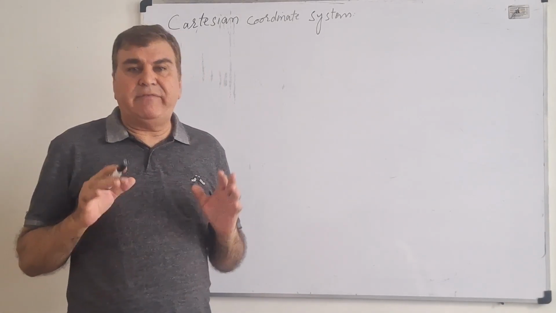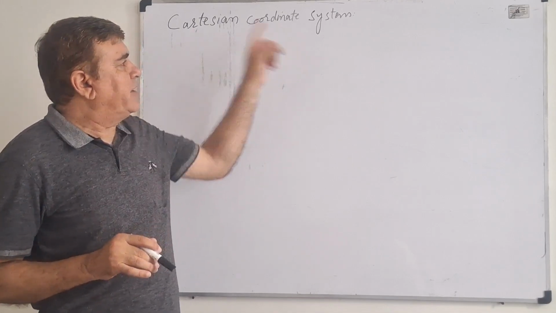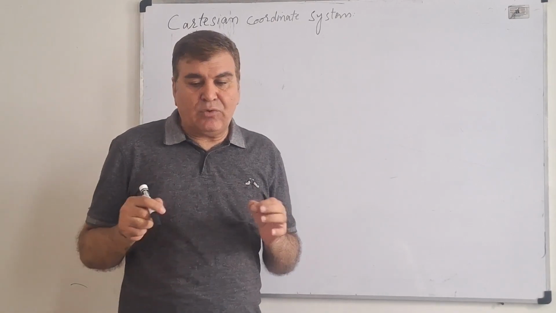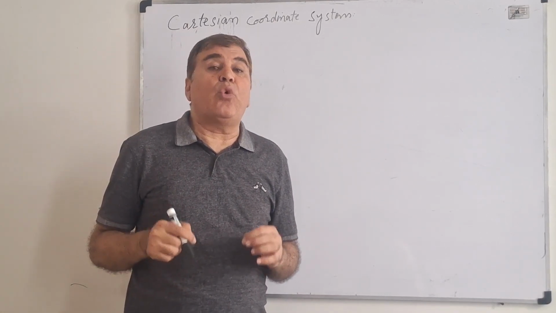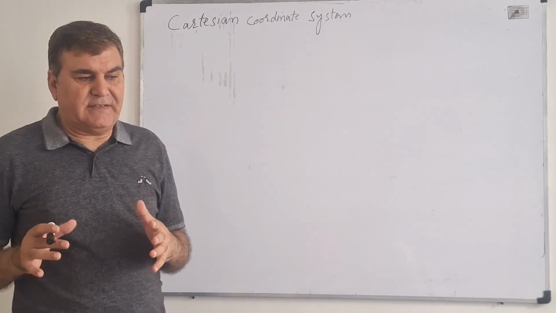In this video, I will talk about the construction and uses of the Cartesian coordinate system, both in 2-space and 3-space, but I would like to begin from the definition of coordinate systems because we use different types of coordinate systems.